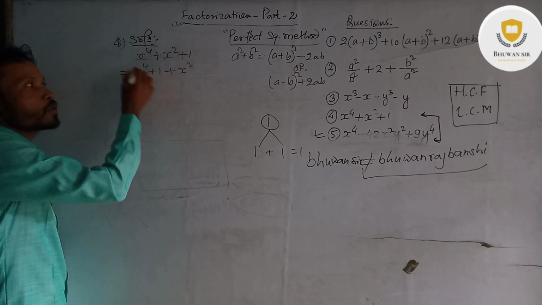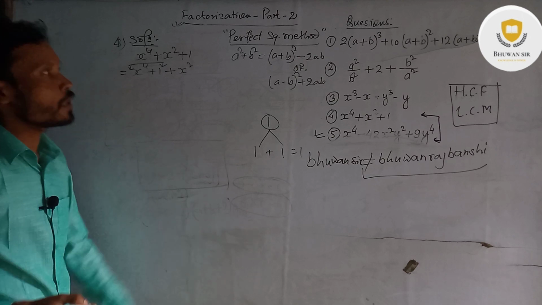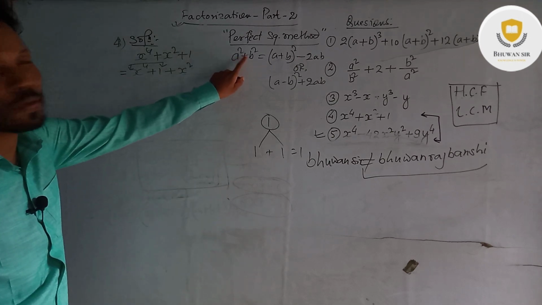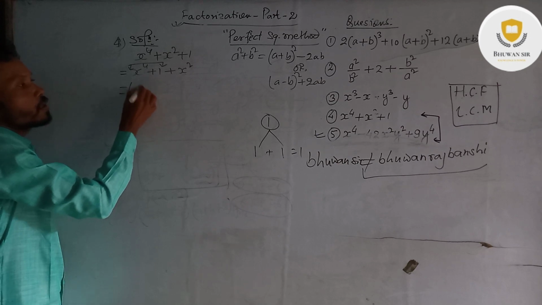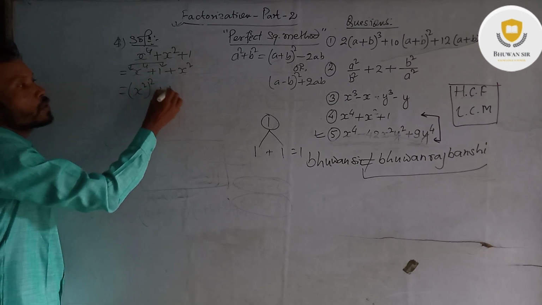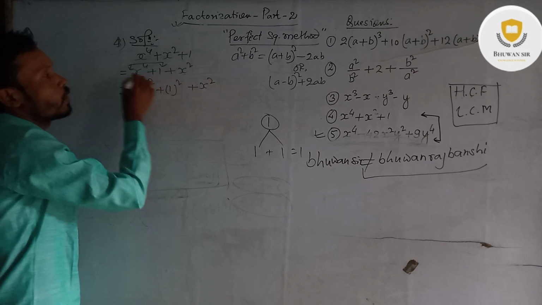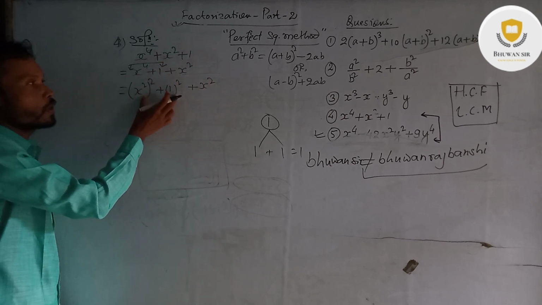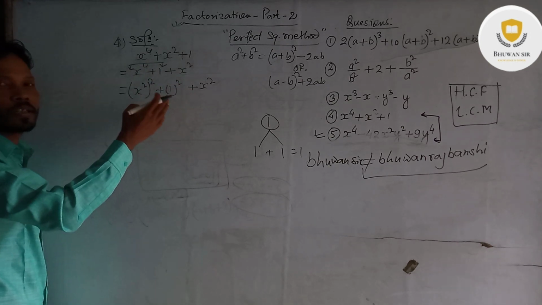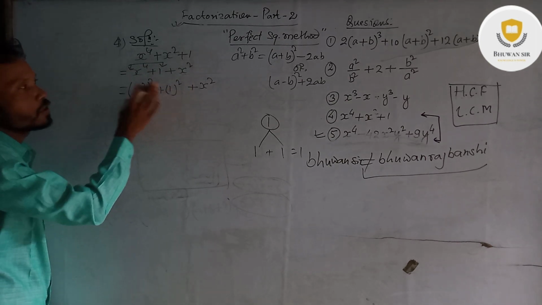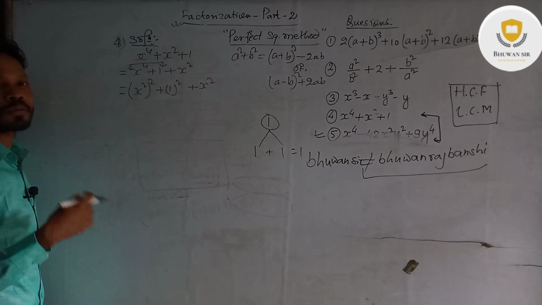Now except x square, the remaining 2 terms we can use in the form of a square plus b square. X square whole square plus 1 whole square, this is the same. Okay, these two we have converted into whole squares, no problem. One can be 1 square, 1 cube, anything. There is no confusion regarding this. The 1 can be converted to cube also, square also, any power.